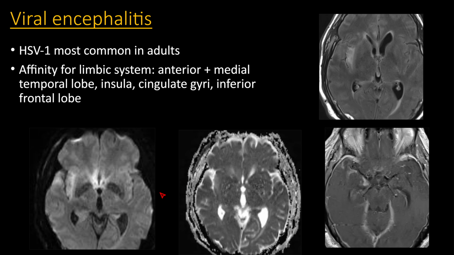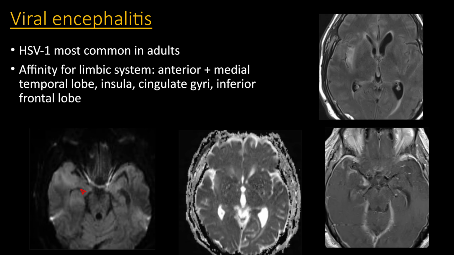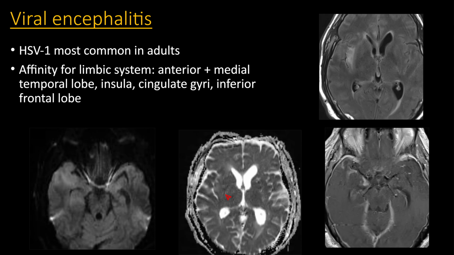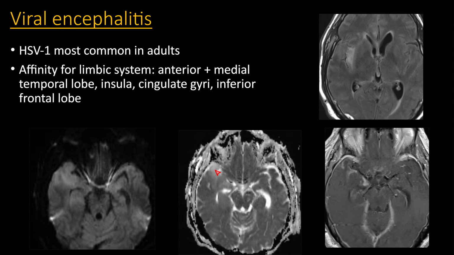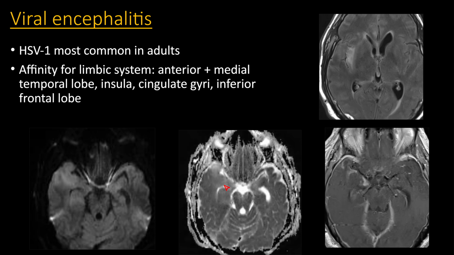One thing, as we'll talk about briefly, in HSV encephalopathy you tend to have a lot of diffusion restriction, and this particular case doesn't really have much in the way of diffusion restriction. As you can see, there's a lot of facilitated diffusion. They're not dark, these particular areas of involvement. But it's considered typical for HSV encephalitis to have diffusion restriction.